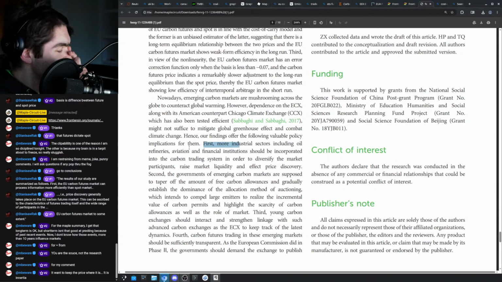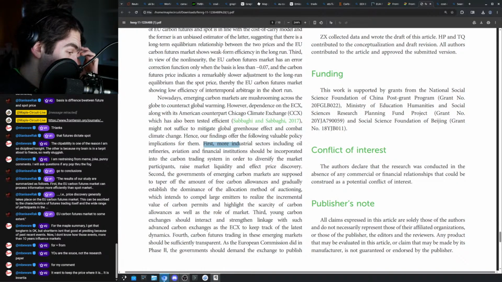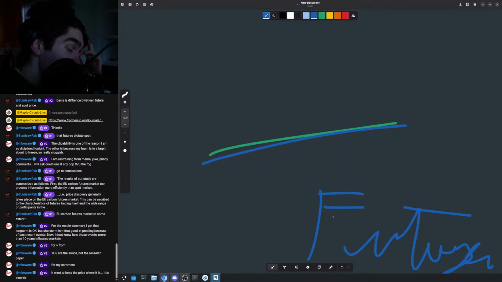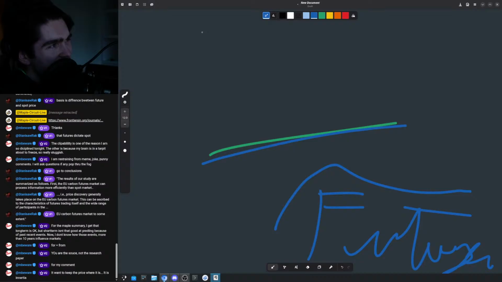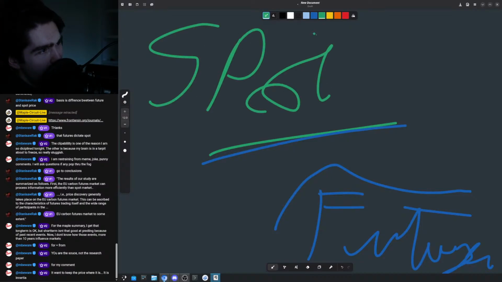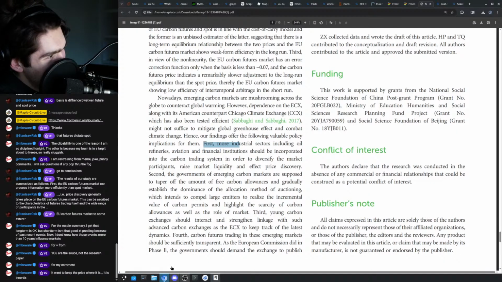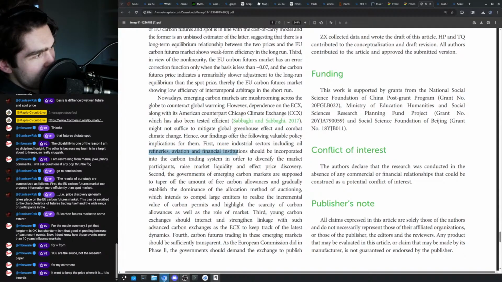Haha, okay. What this is saying is essentially the futures is okay, but we need more people in the spot, okay? We need to add more people in here, because here it's messed up, but here there's enough people. Oh no. So add more people in.